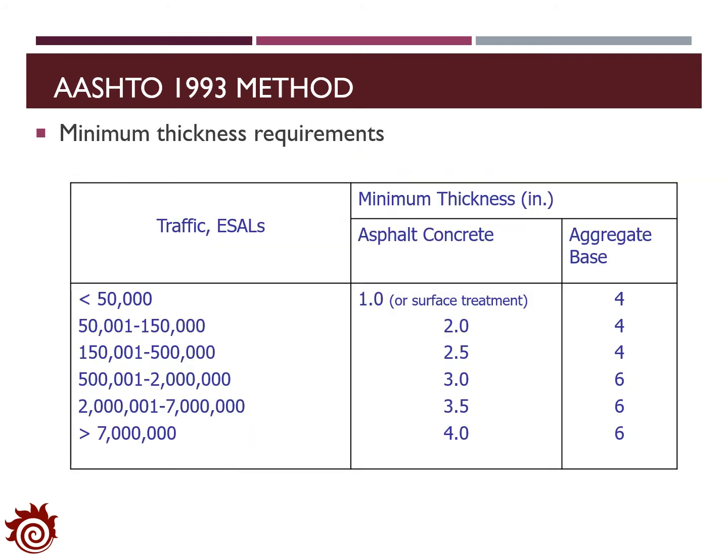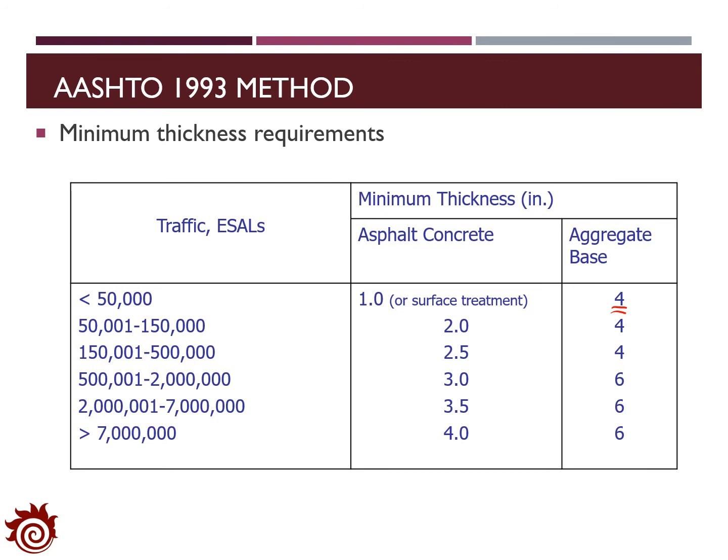In addition, there are some typical minimum thicknesses applied for the asphalt concrete surface layer and the aggregate base layer. Usually for the traffic less than 50,000, the asphalt concrete layer should be higher than 1 inch, and the aggregate base should be higher than 4 inches. While with the increased traffic, the minimum thickness of the asphalt concrete layer and the aggregate base layer should all be increased.